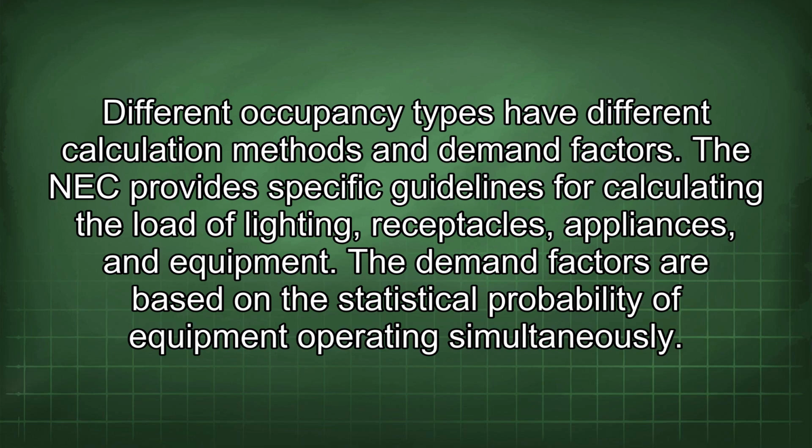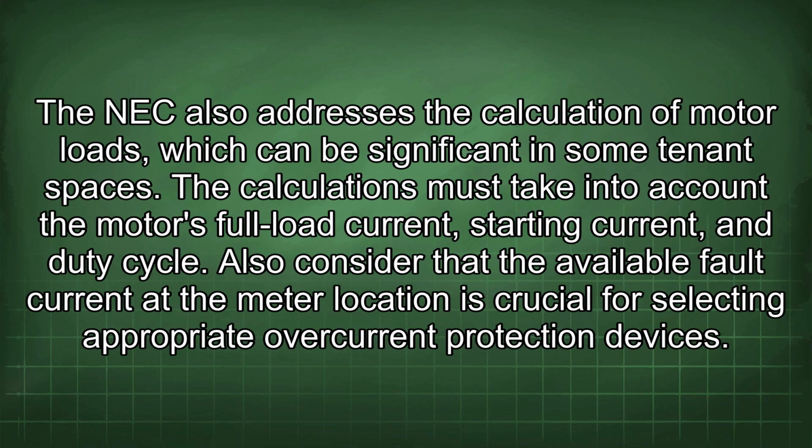The NEC provides specific guidelines for calculating the load of lighting, receptacles, appliances, and equipment. The demand factors are based on the statistical probability of equipment operating simultaneously. The NEC also addresses the calculation of motor loads, which can be significant in some tenant spaces. The calculations must take into account the motor's full load current, starting current, and duty cycle.